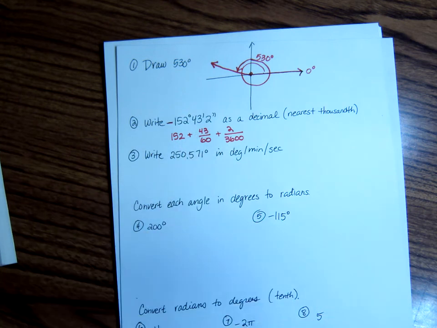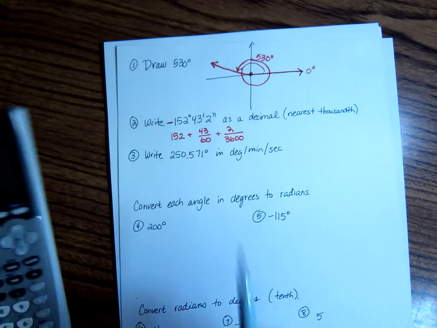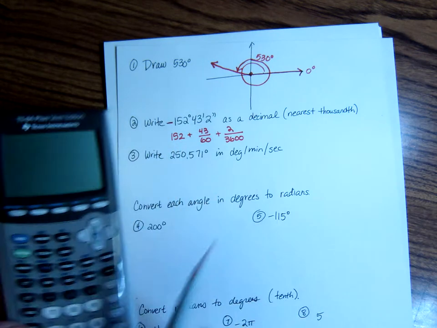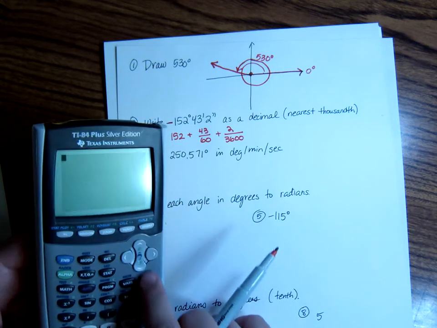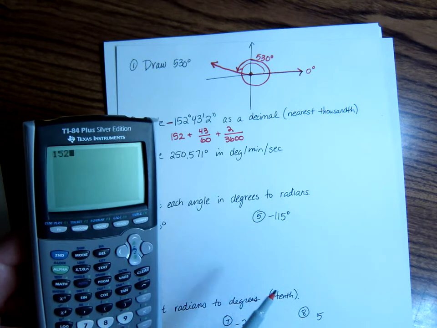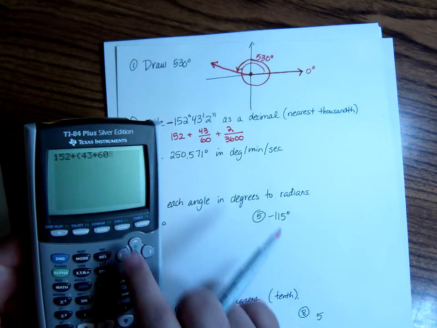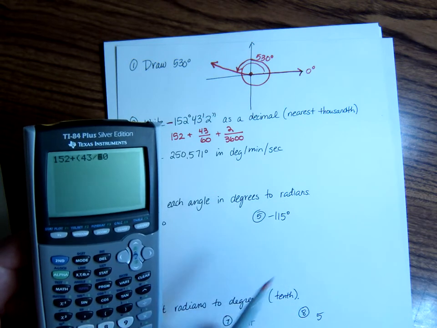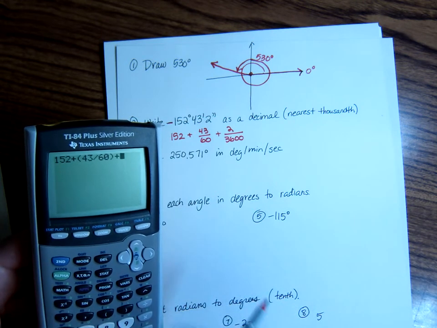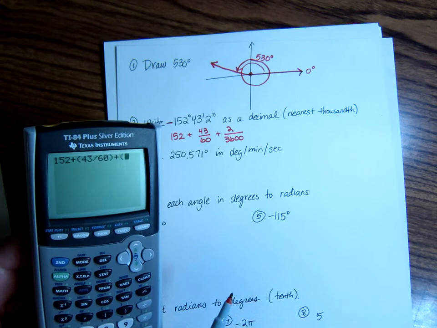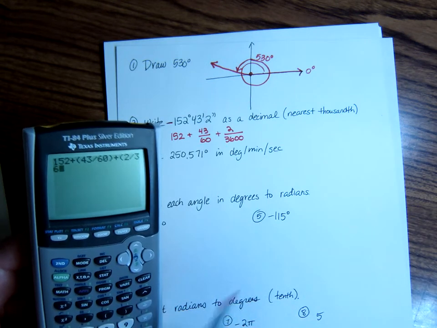So I'm going to put that in my calculator. I would do it with parentheses, like 152 plus 43 divided by 60. Oops, I wrote times, sorry, or punch times. Plus, new parentheses, 2 divided by 3,600.